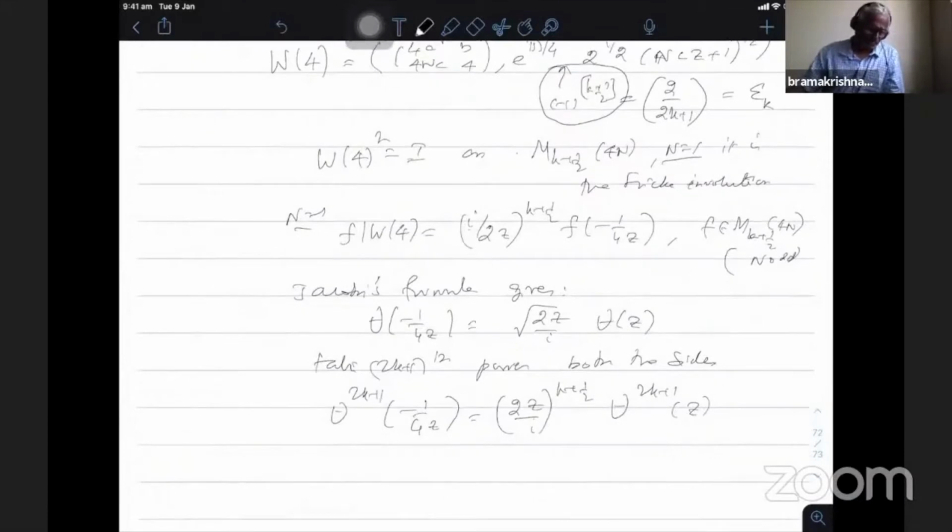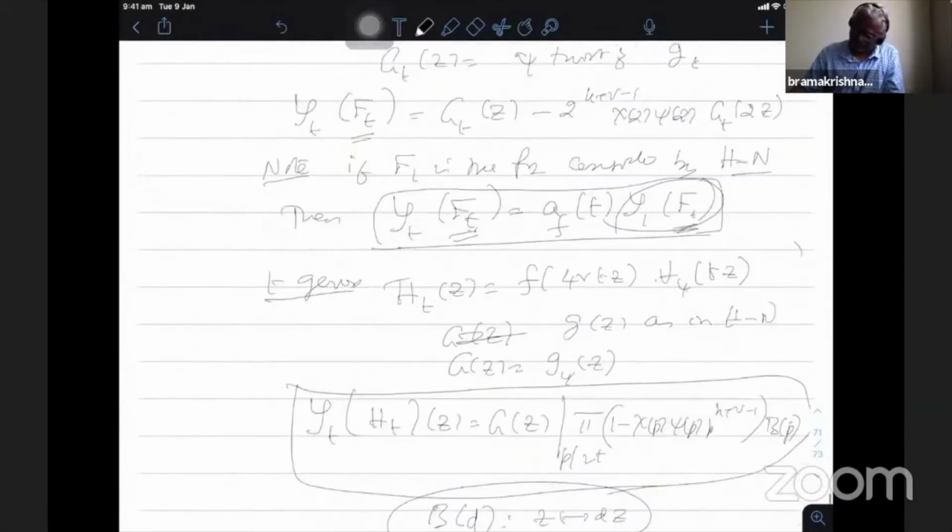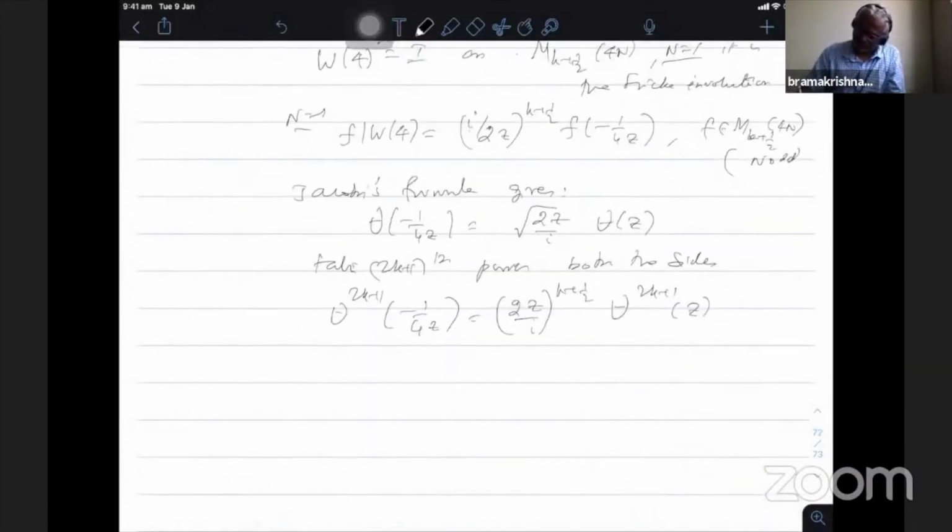Now bringing it to the left hand side, this implies theta to the power 2k plus 1 bar W4 is theta to the power 2k plus 1 of z.